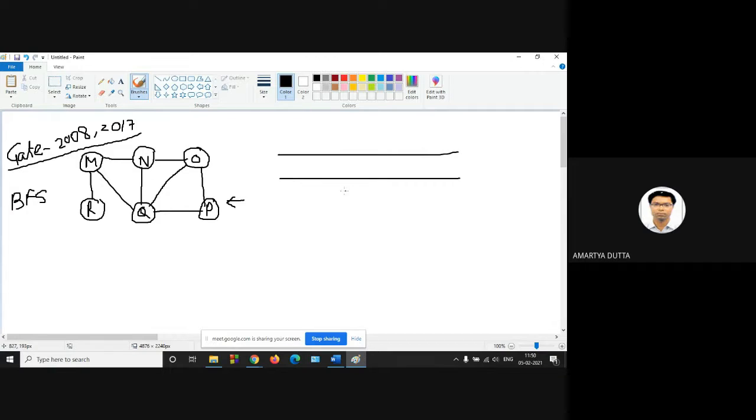So this is your open queue data structure, and this is your visited array. So first P is inserted in the queue.